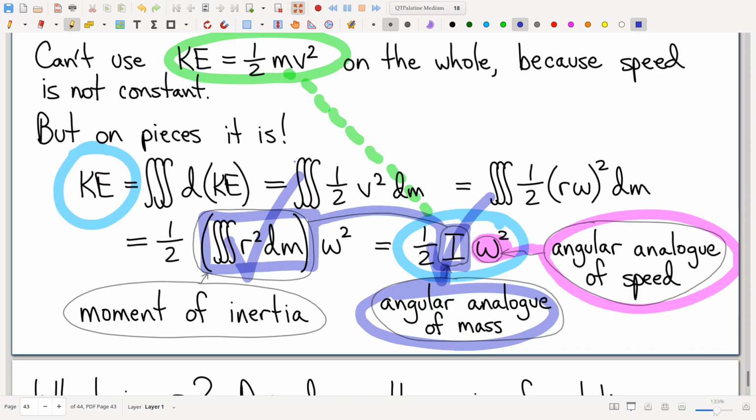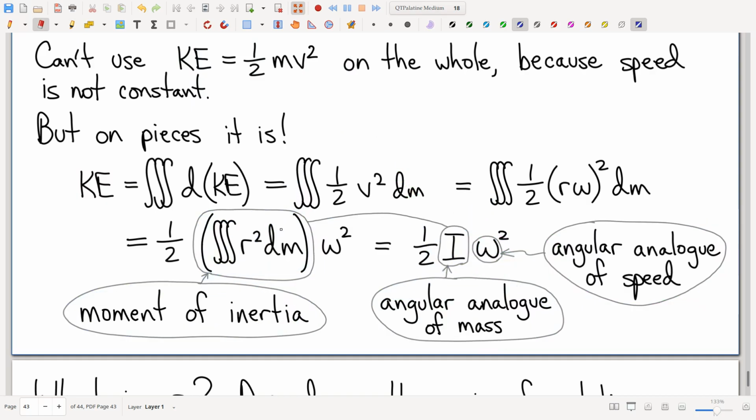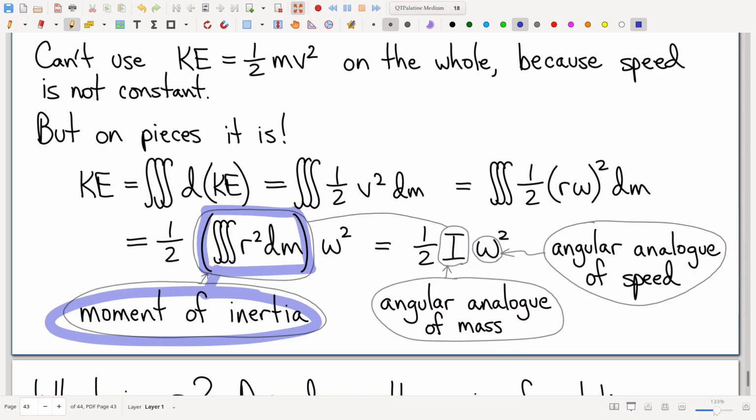And again, the term moment of inertia. So this is why we care about this expression. Now, for our Math219 purposes, here's what you really need to make sure you know, and that is moment of inertia is computed by that formula. That's the Math219 punchline, just integral r squared dm.